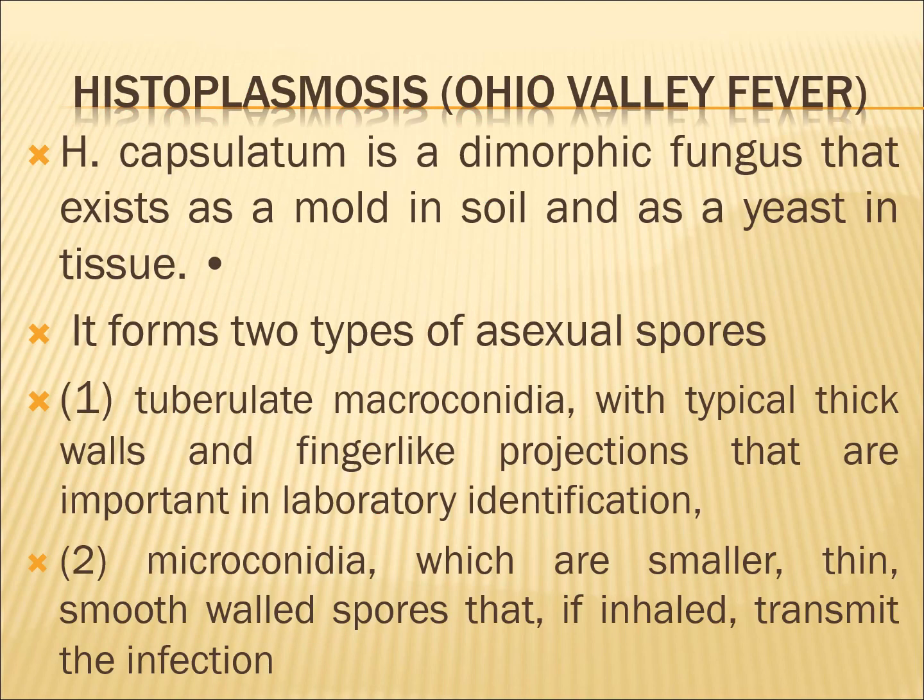The first group that causes systemic mycosis is Histoplasma species, which causes histoplasmosis, or Ohio Valley fever. This is a dimorphic fungus. It forms two types of asexual spores.